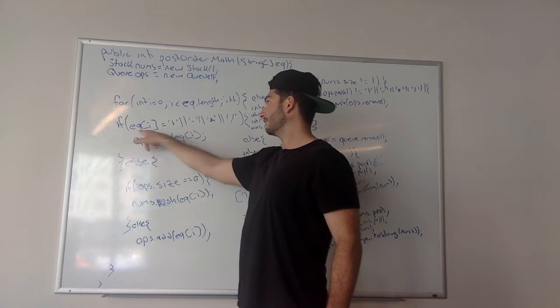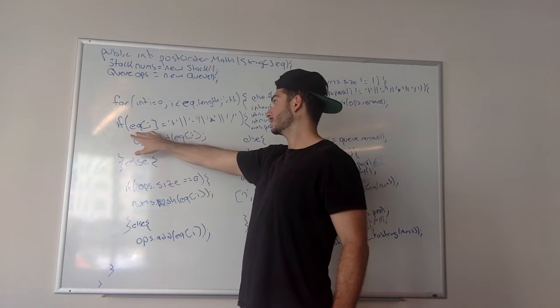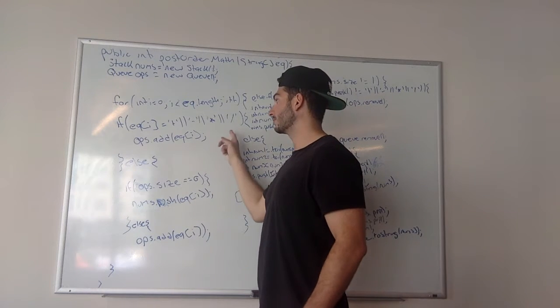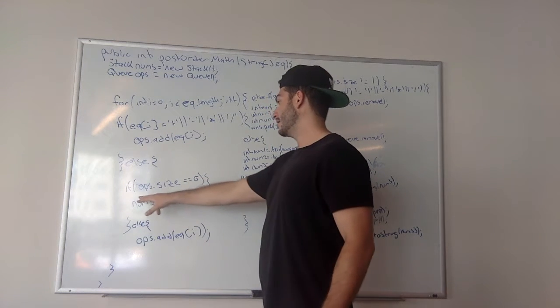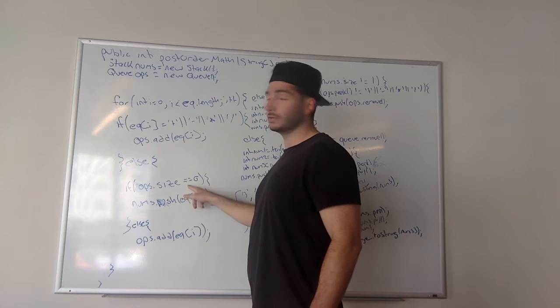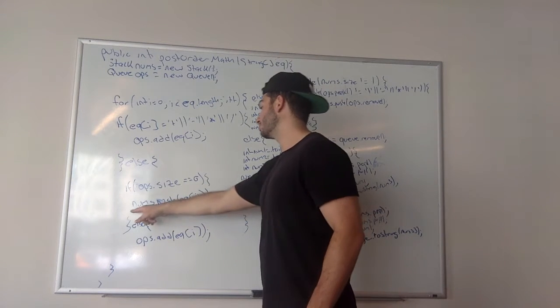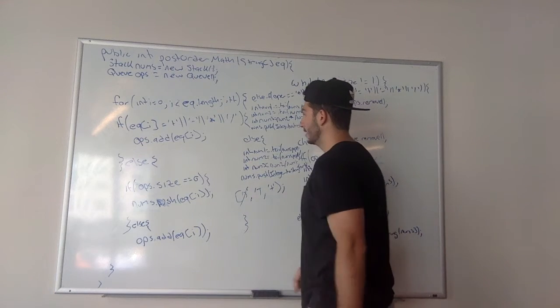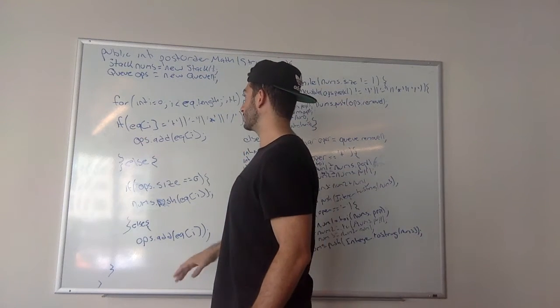If the element at position i in the eq array is equal to an operator, which it's not, we skip over that. We check if the queue is empty, it is, so we just push 3 onto the stack. Go through the for loop again.